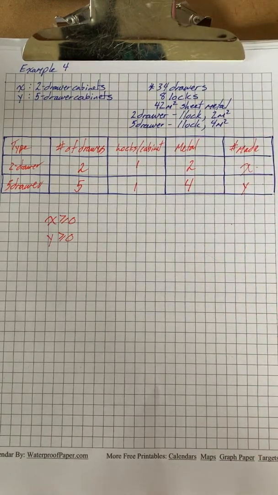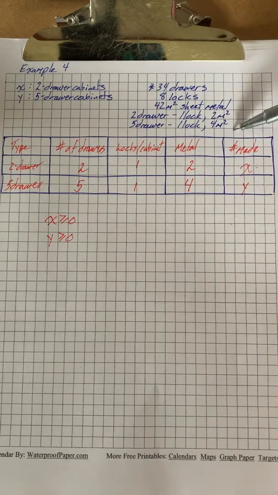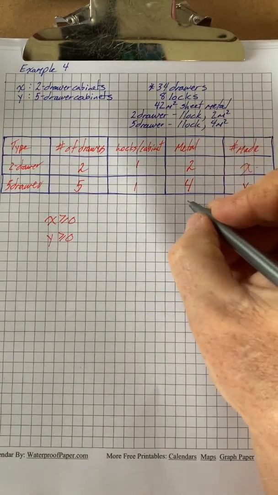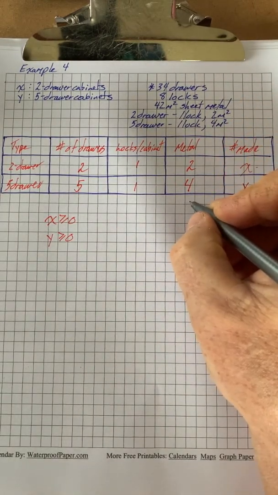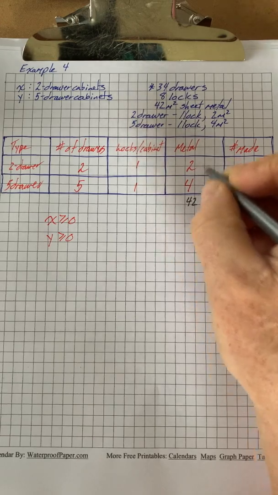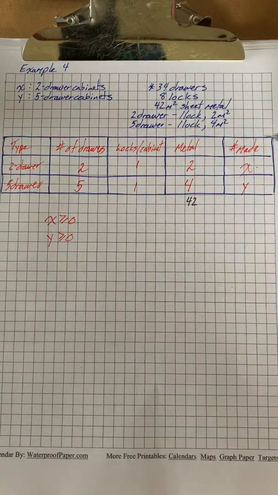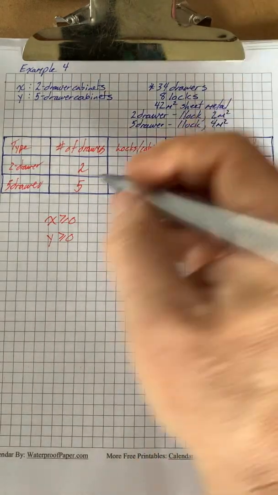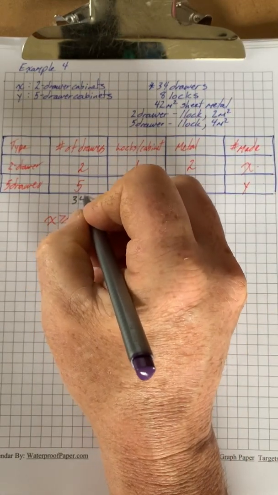Then we get into our equations, and these are our limitations. They don't do this in the book, but with metal, think about this. We've got our maximum amount of 42, so that's going to go with this. And in here, we have a maximum of 8, and we have a maximum of 34.